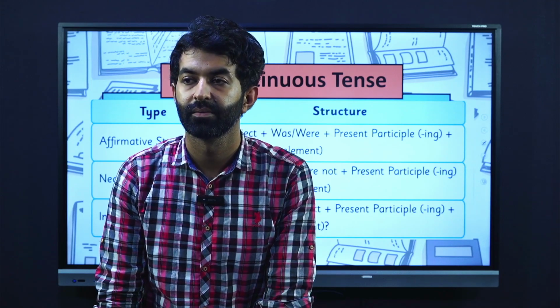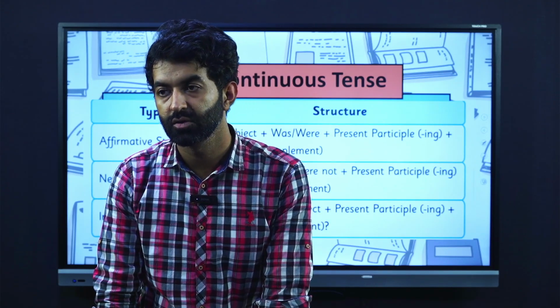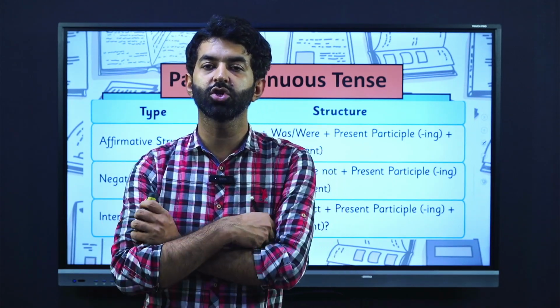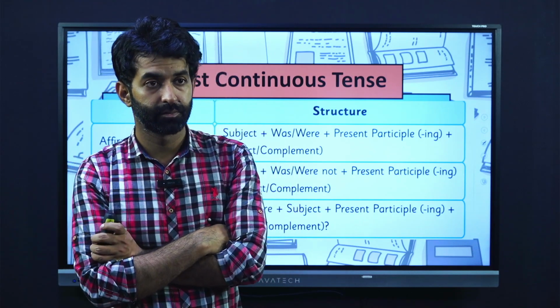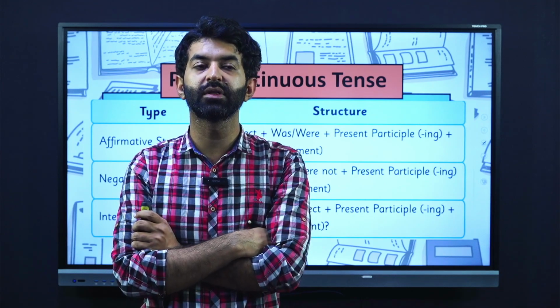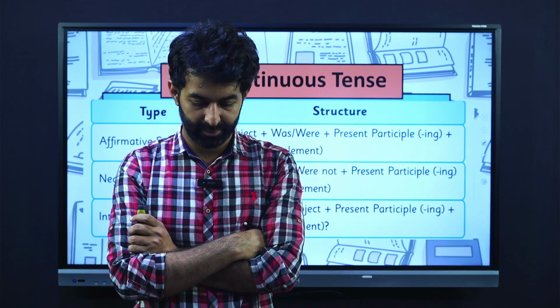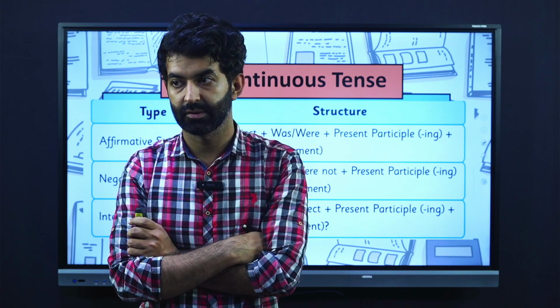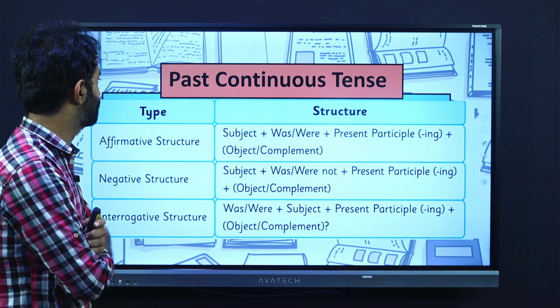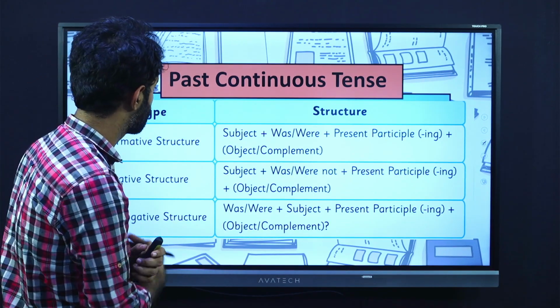Yes. She wrote a letter. Yes, good. अब इसका negative क्या होगा? What would be the negative structure? She didn't wrote a letter. Write a letter, sorry. Yes, right. Very good. And what would be the interrogative? Did she write the letter? Yes. Very good. So this is how we are going to follow all these three variations.